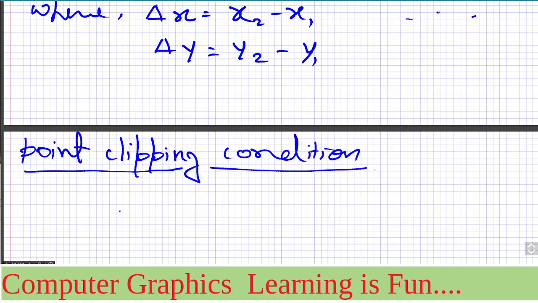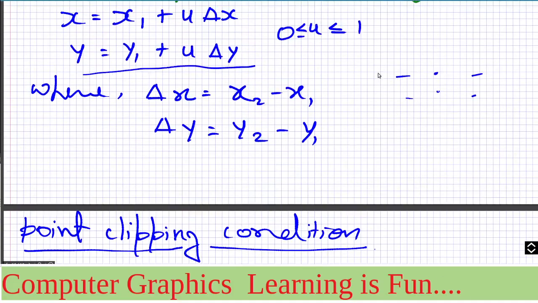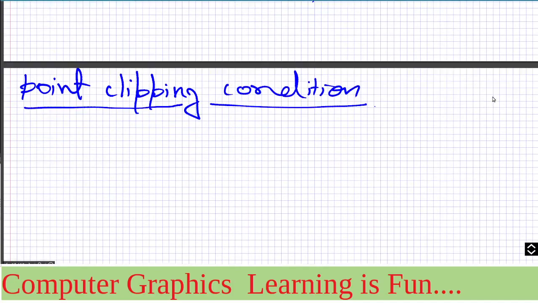So what happens? The point, whatever x and y values. What are the x and y values? They are this as well as this. Okay. So let me write these as x1 plus u delta x, this is the x point, and what is the y point? y1 plus u delta y.